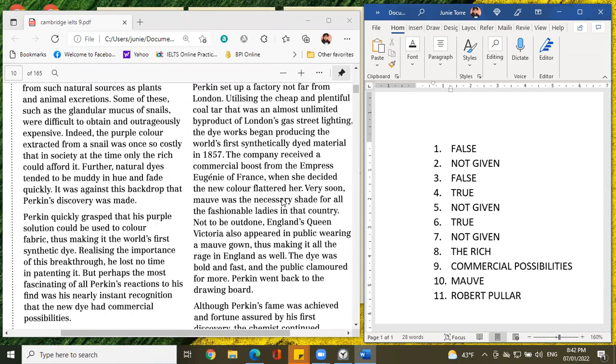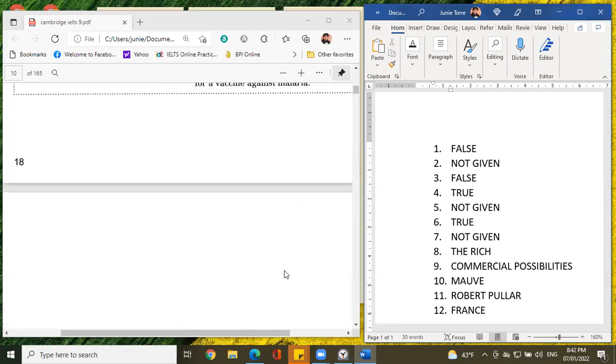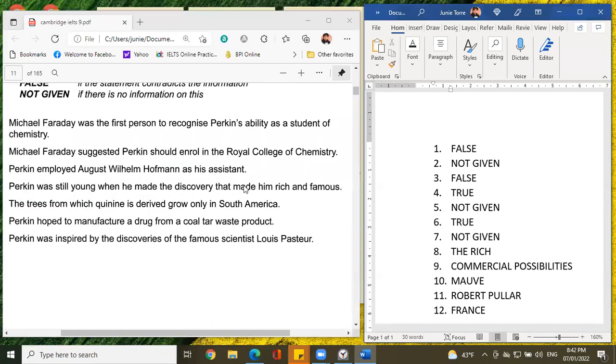Very soon, mauve was the necessity. France! Very soon, mauve was the necessary shade for all the fashionable ladies. Not to be outdone, England's Queen Victoria also appeared in public wearing a mauve gown, thus making it all the rage. So, France. There. France.